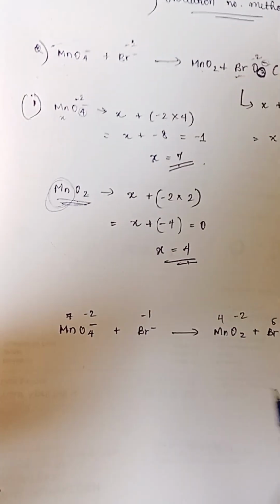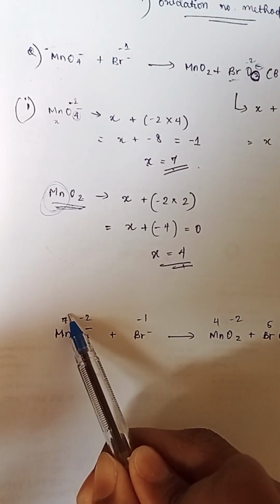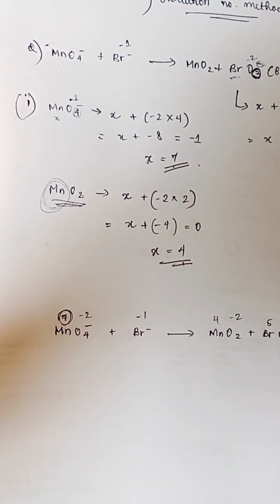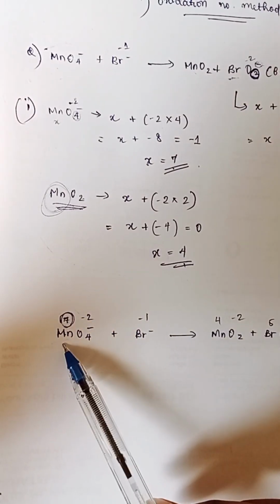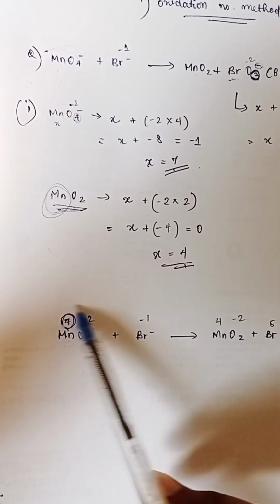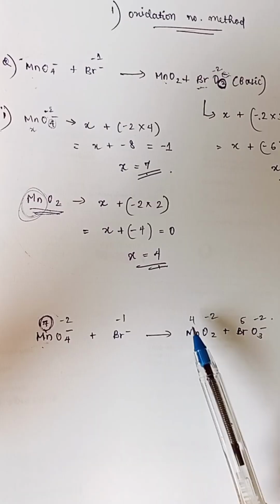Now what we need to find is if it is oxidized or reduced. Look here. What is the oxidation number of Mn? The oxidation number of Mn is 7 on the reactant side, whereas on the product side, the oxidation number of Mn is 4.